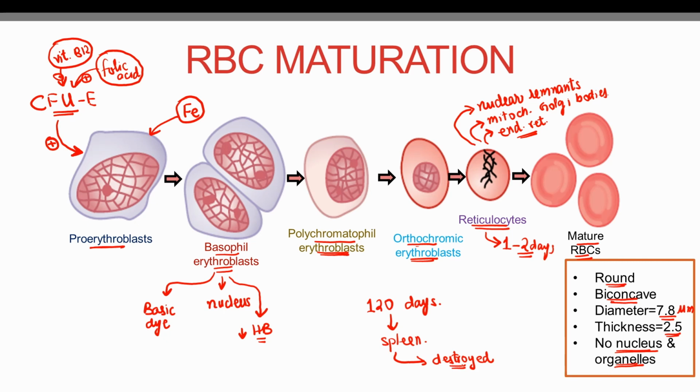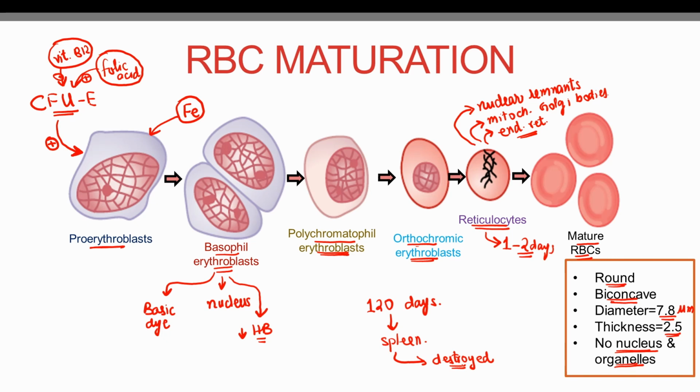So for a quick recap, first of all there is hypoxia, and most significantly hypoxia of renal tissues results in the release of erythropoietin, which acts on colony-forming unit erythroblasts and upregulates their differentiation into proerythroblasts, forming red blood cells. Vitamin B12 and folic acid are needed by colony-forming unit erythroblasts, and the uptake of iron begins at the proerythroblast stage.